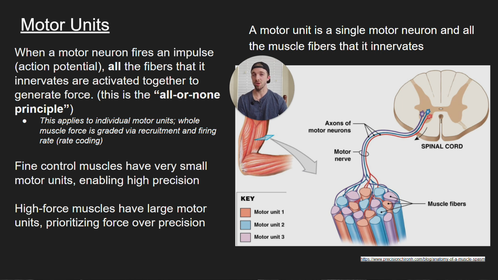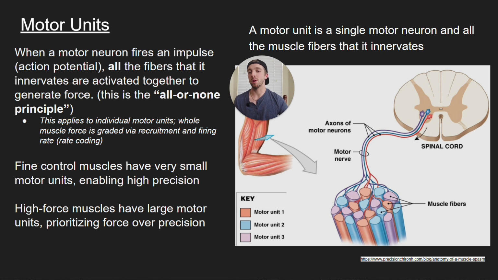This prioritizes force over precision, whereas some motor units have a very small number of muscle fibers that allows for highly precise movement. An example of a small motor unit would be one in your eye that makes really small, precise movements. An example of larger motor units would be in your big quad muscles that are extremely powerful and don't really have any reason for precision.